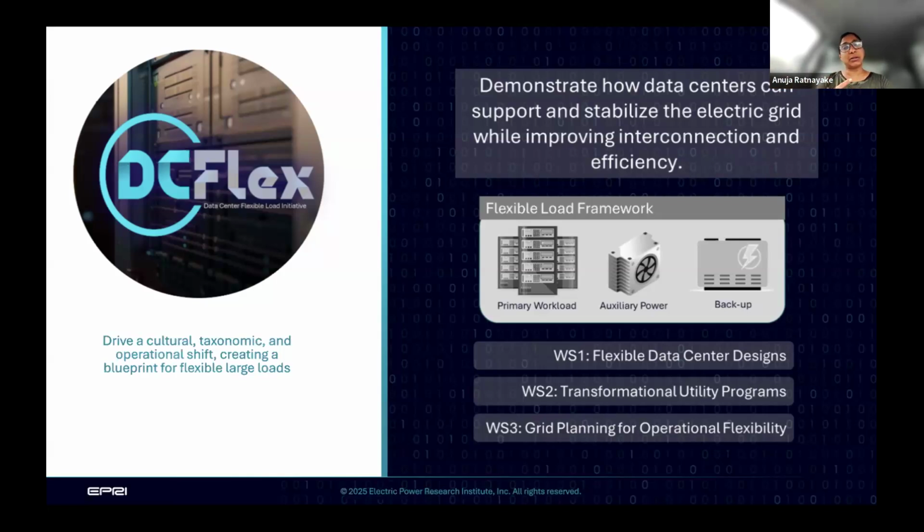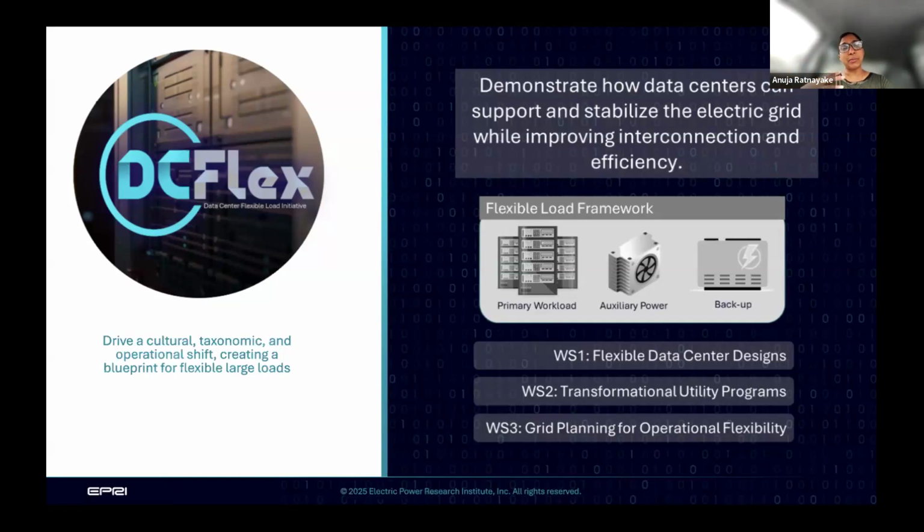And the idea ultimately with DC Flex is to try and understand, in combination, can these 3 elements of flexibility offer a flexible large load that can then work as a grid resource instead of being a passive load that requires 5 nines reliability as we've had them be traditionally.